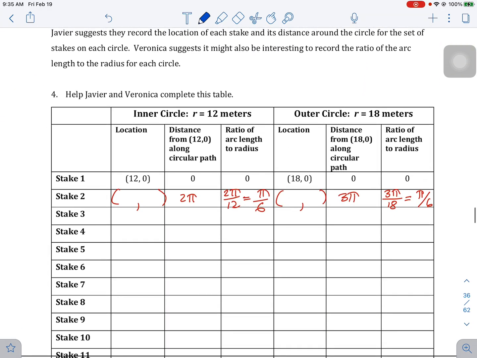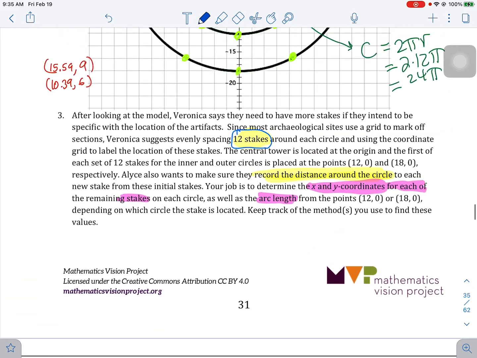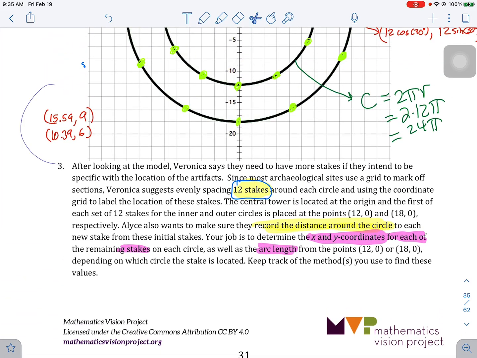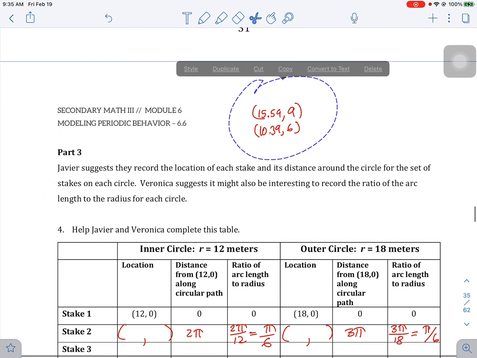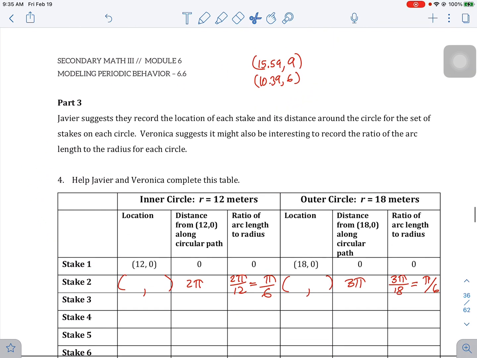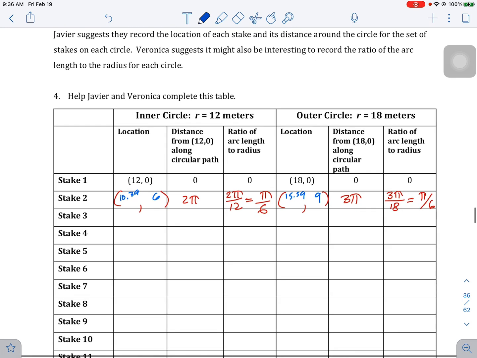Now, when you start to build this, for both the radius of 12 and 18, let's go ahead and add the values. The one for 12 is 10.39 and 6, and the one for 18 was 15.59 and exactly 9. That's the location.